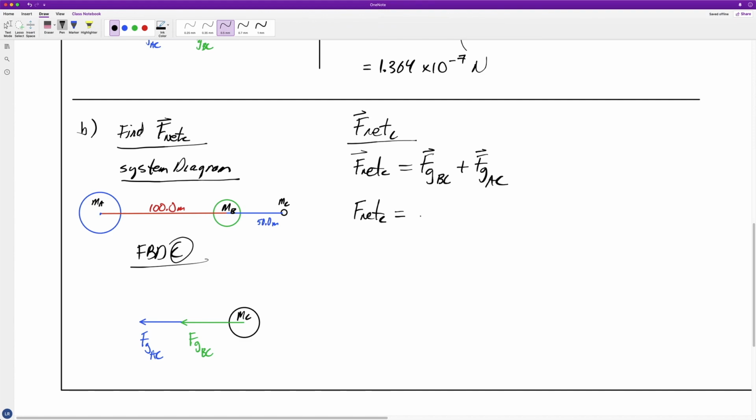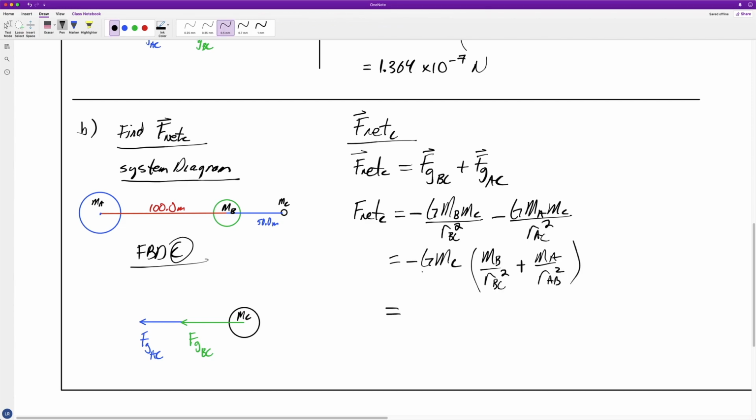F net C is equal to negative, because it's going to the left, big G MB MC over RBC squared minus big G MA MC over RAC squared. Taking a common factor of negative G and MC, we've got negative G MC bracket MB over RBC squared plus MA over RAC squared.